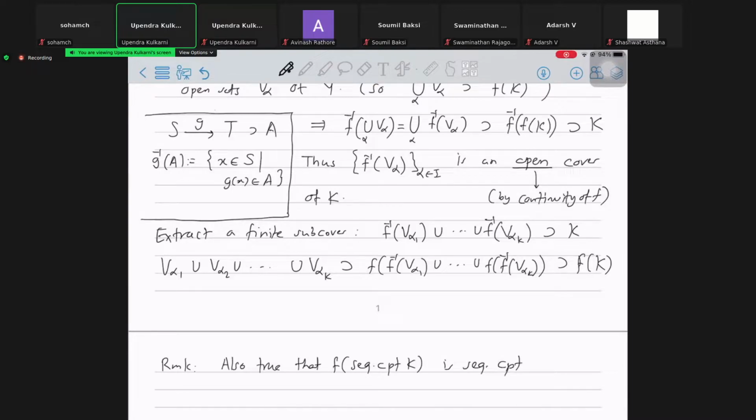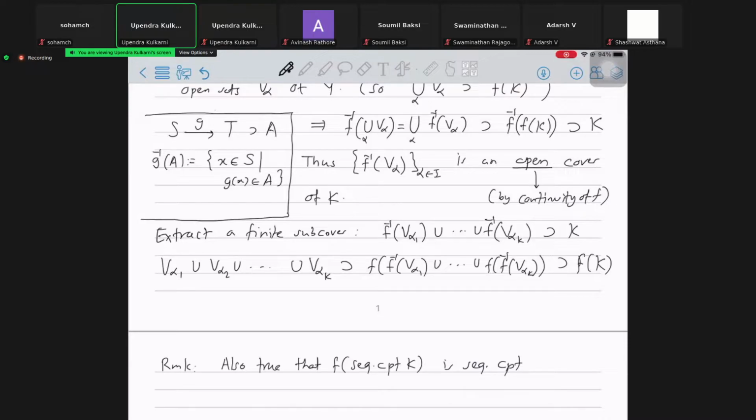So very quickly, what does it mean to say that something is sequentially compact? Every sequence must have a convergent subsequence. So if I take a sequence in f of k, then it will be of the type f of x1, f of x2, and so on, right? So what do I do? I need to extract a convergent subsequence.